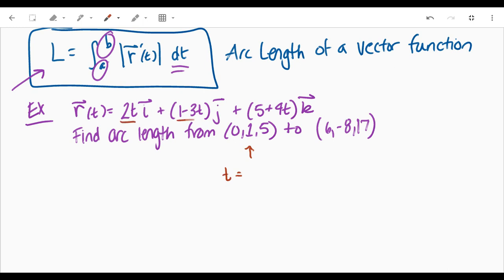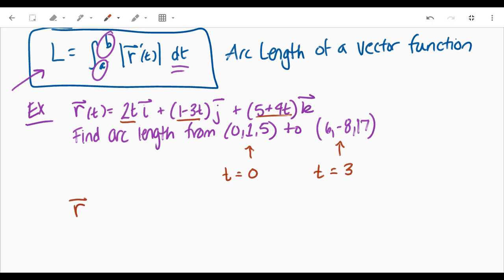Take a look at your 3 equations. It's pretty clear from the first one, t would be 0. And then use your second ones to just check. Yep, that would give me a y value of 1, and that would give me a z value of 5. And then again, this one would be based on the first equation, t equals 3. And double checking the other 2 equations, that works.